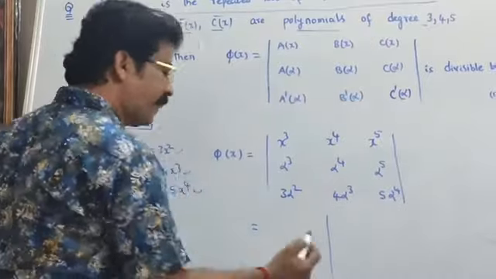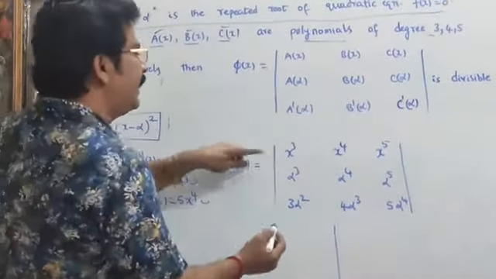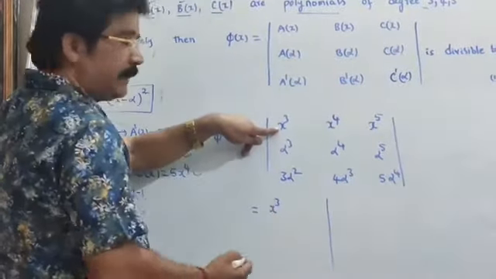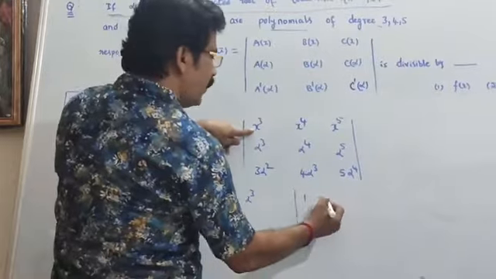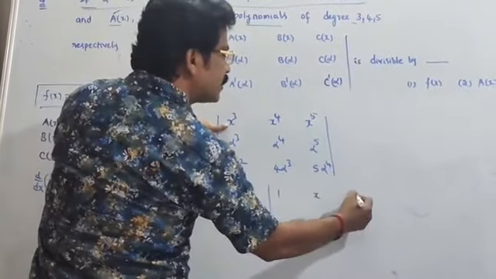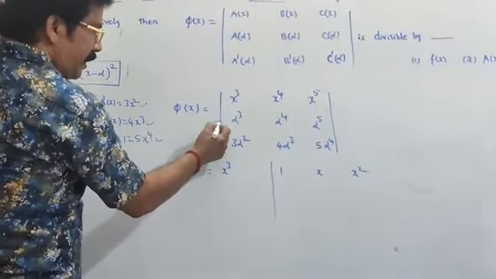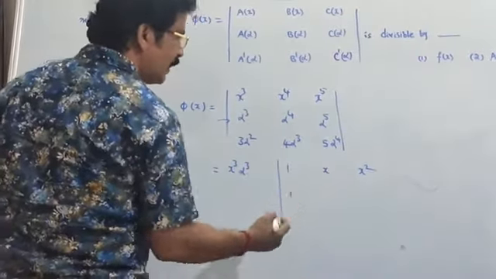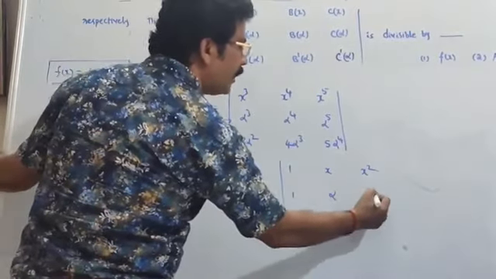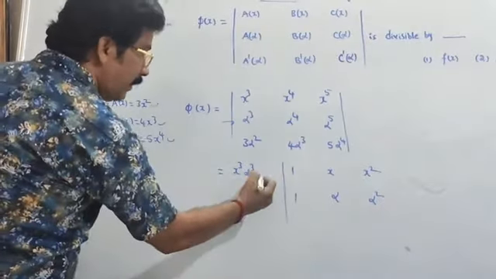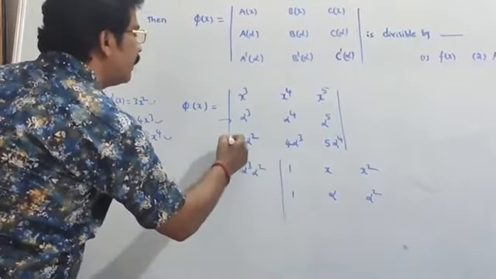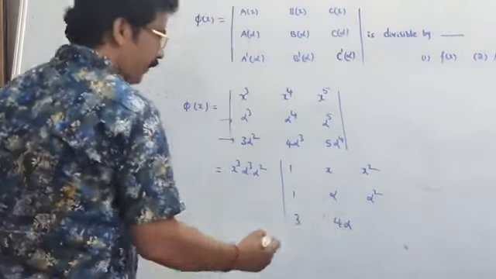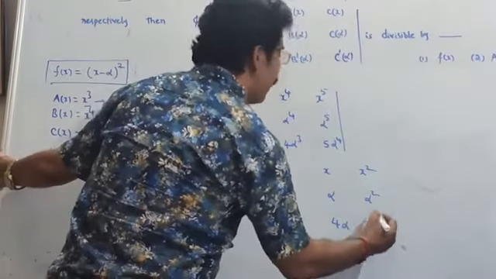From the properties of determinants, we can take x cubed common from R1. So x cubed, then inside the determinant it is 1, x, x square. Next, from R2, alpha cubed is the common factor, so this is 1, alpha, alpha square. Next, alpha square is common from R3, next 3, 4 alpha, 5 alpha square.